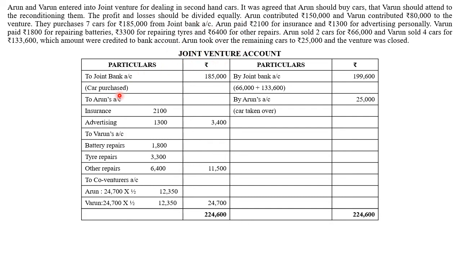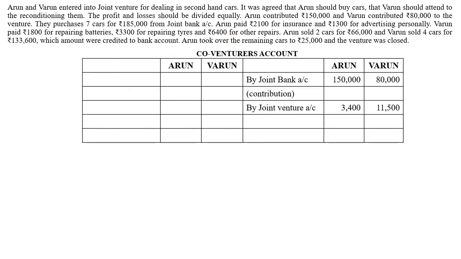If this is the debit, this is the credit. So in co-venturers, that is Arun's and Varun's account, you have to record by joint venture. So it is by joint venture 3,400. That is the expenses incurred by Arun. You see the joint venture account to Arun's account. You have added the two figures 2,100 and 1,300. You got 3,400.